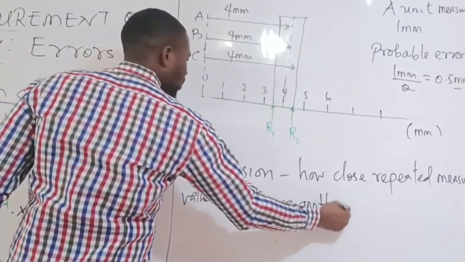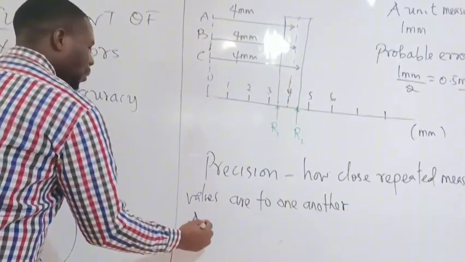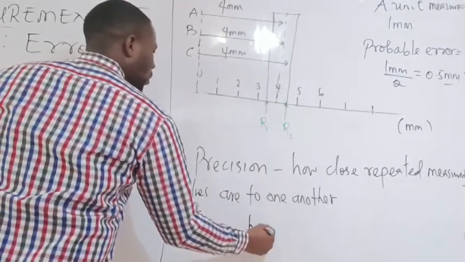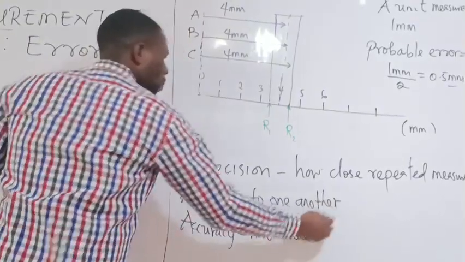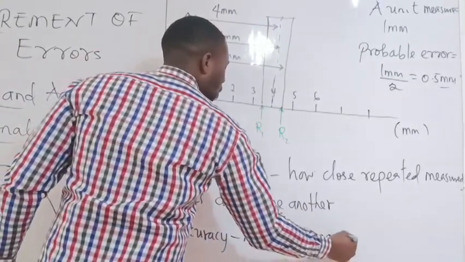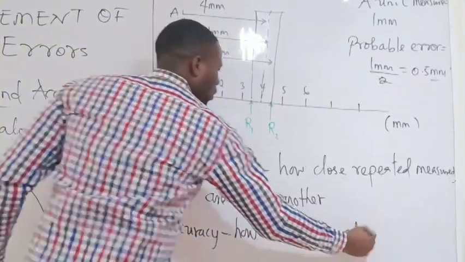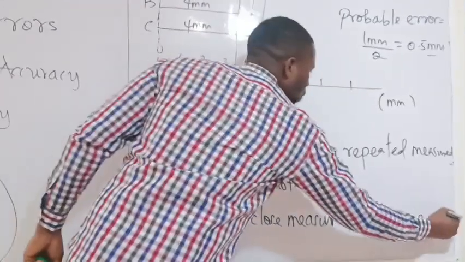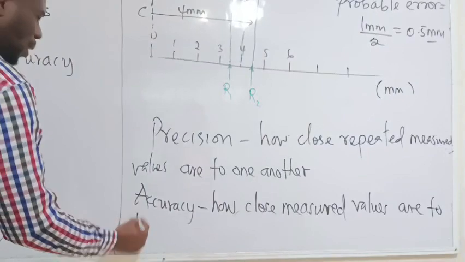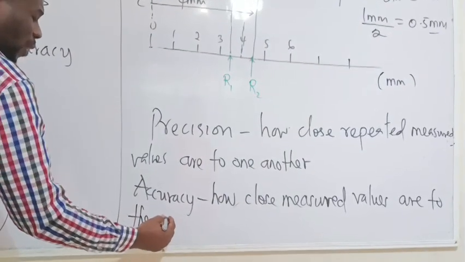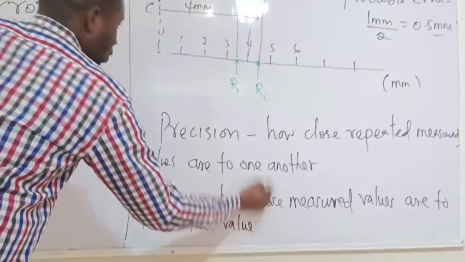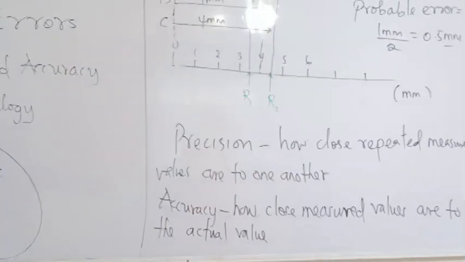That's precision. And of course, accuracy is how close measured values are to the true value, or we'll call that the actual value, just like we have before, the target here.